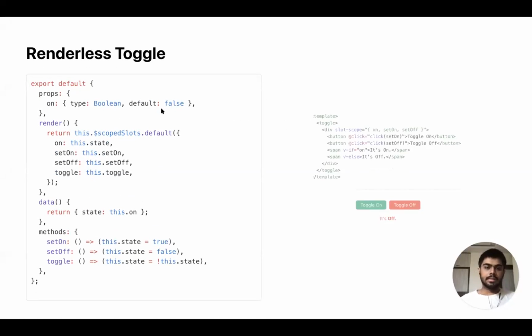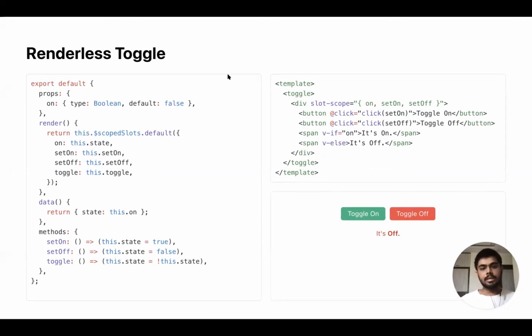If you want to see this in practice, this is probably a good example for it. So this toggle component is imported here. If you see, this is the toggle component and the slot scope is present here, which is on and off, where on is the current state, and setOn and setOff. Now this scope slot, this context is used here.